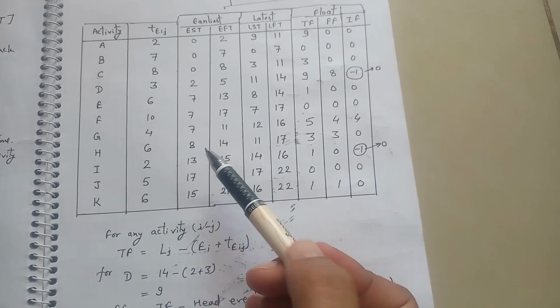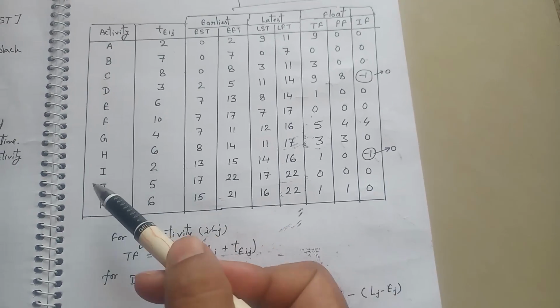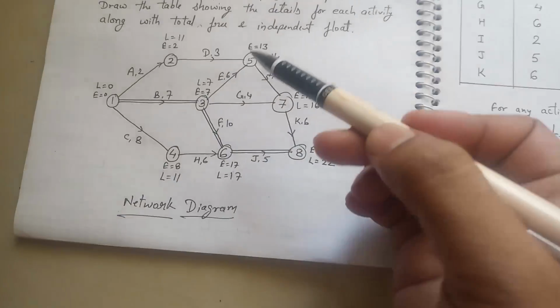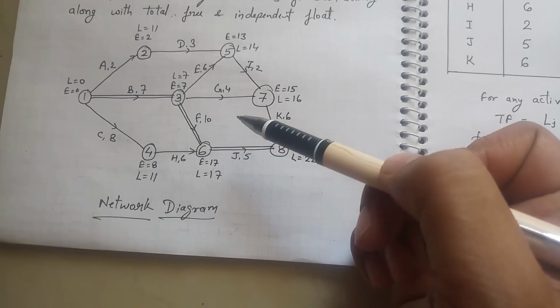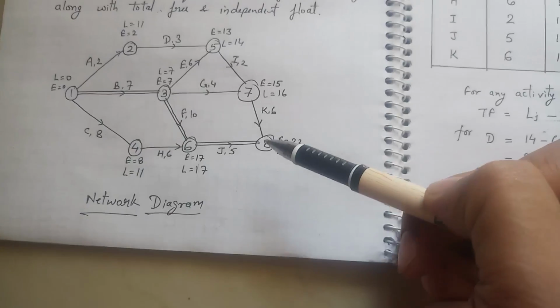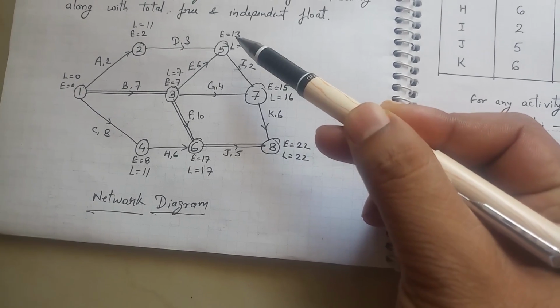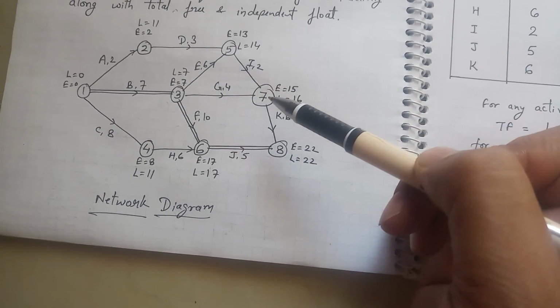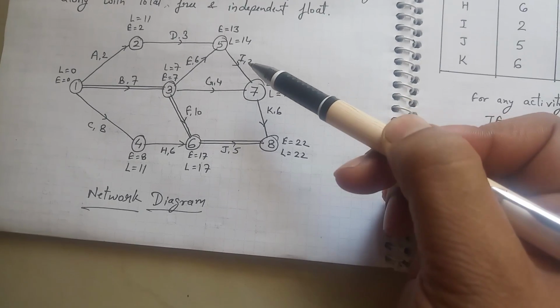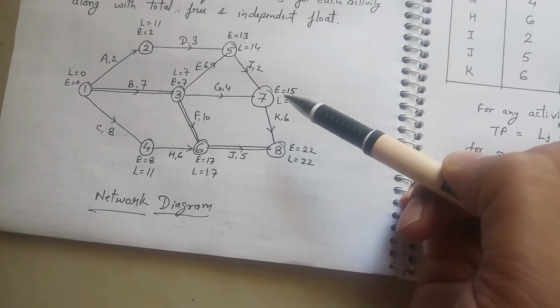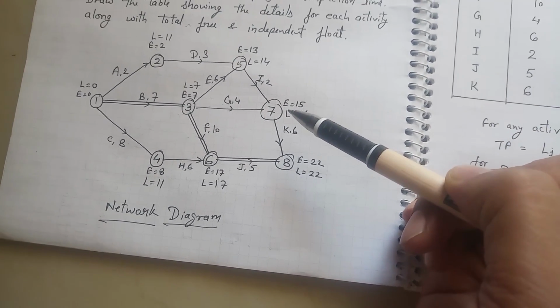Likewise, take an example of activity I. In activity I, earliest start time is 13 and earliest finish time is 13 plus 2 equal to 15.